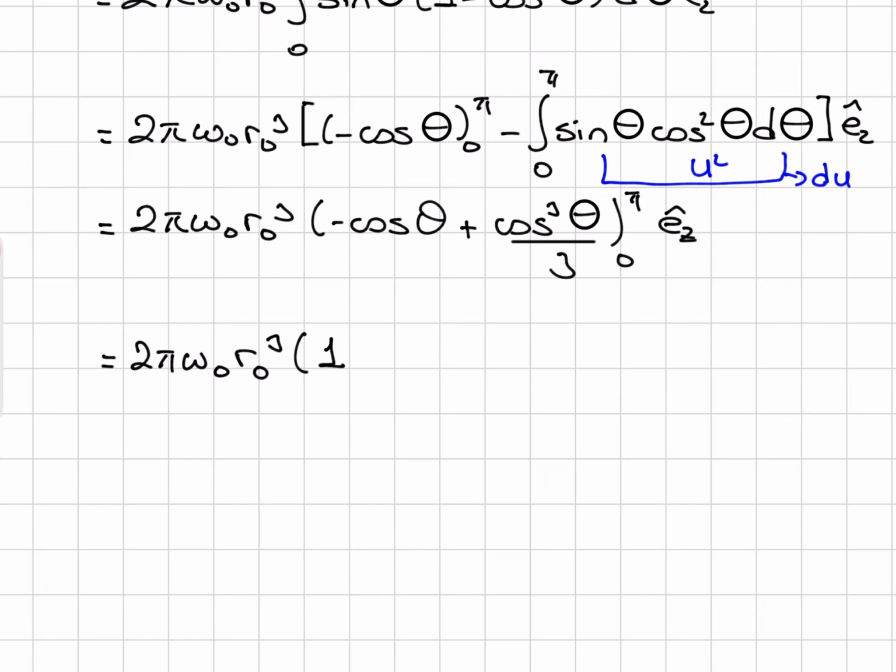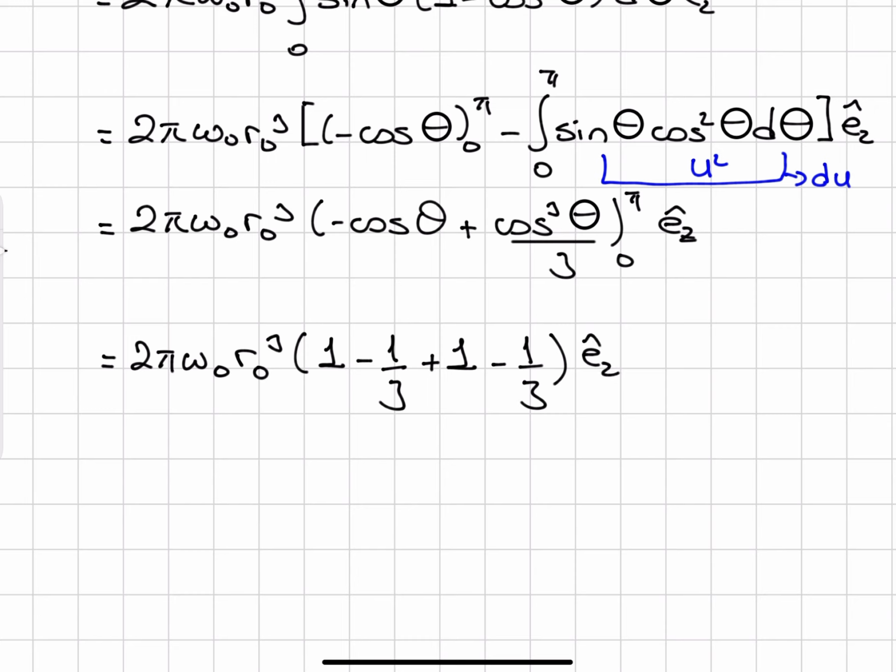I will get +1, and cosine cube theta over 3 will give me -1 over 3. Then if I substitute 0, cosine 0 is +1, and there's a minus sign here, so it's -1, and I'm subtracting it from the previous one, so it's going to be +1. And if I substitute 0 here, it's 1 over 3, so that's -1 over 3 because I'm subtracting it.